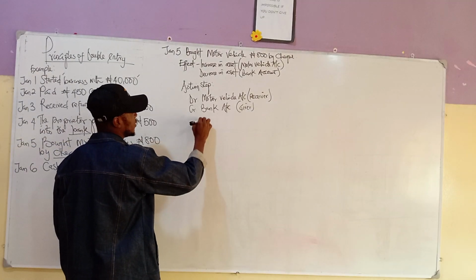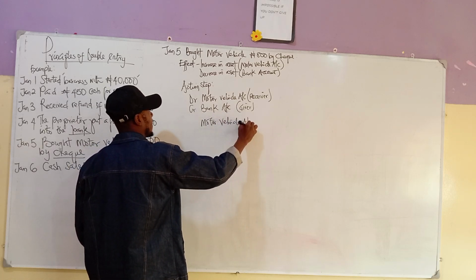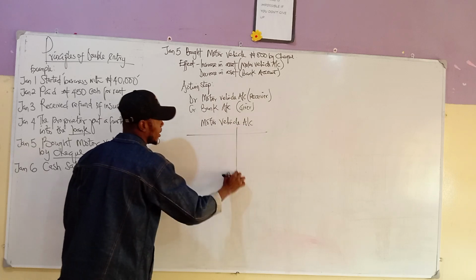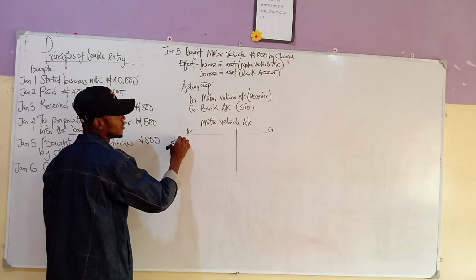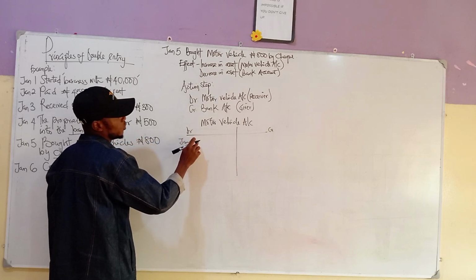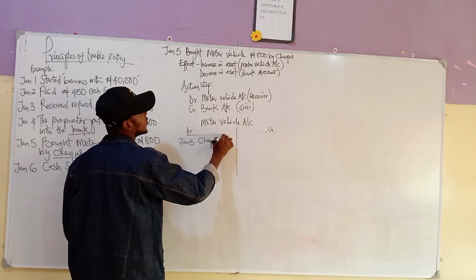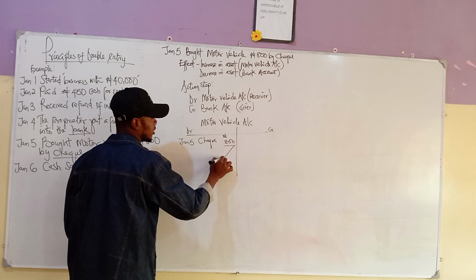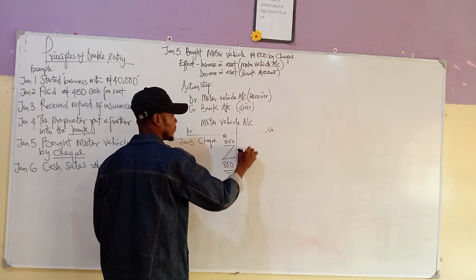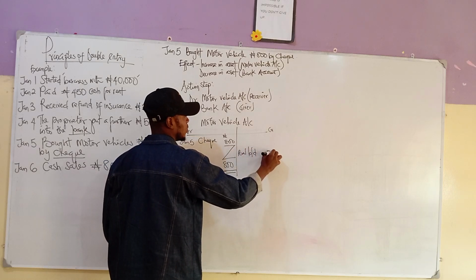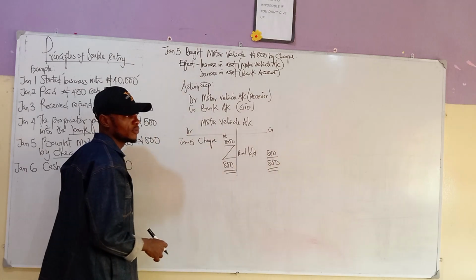We have motor vehicle account, debit. So here I have January, my date, and what was paid. We received a check. How much? To the tune of 800. So we close 800. Then balance brought down 800. So that is that from a motor vehicle account.